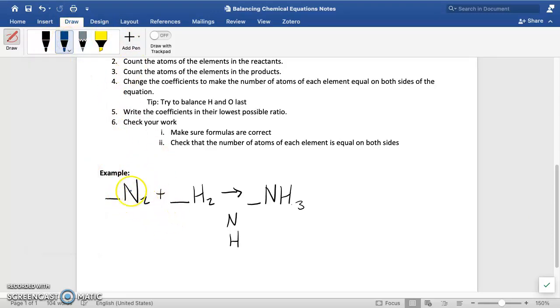With this example, I'm going to first figure out how much of each thing I have to start. So I have 2 nitrogens and 2 hydrogens on my reactant side. On my product side, I have 1 nitrogen and 3 hydrogens. So I'm going to try to balance nitrogens first. I'm going to put a 2 here, so that gives me 2 nitrogens.